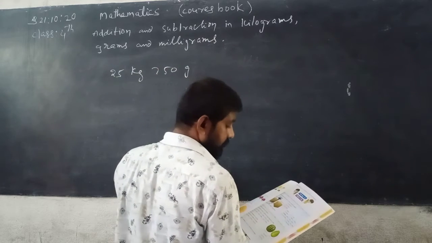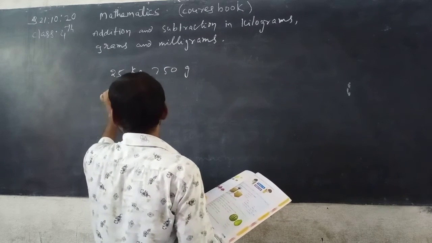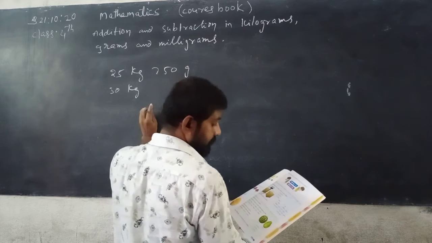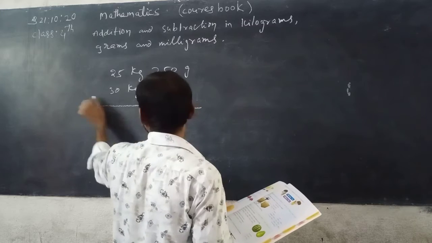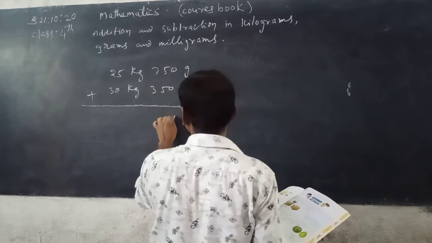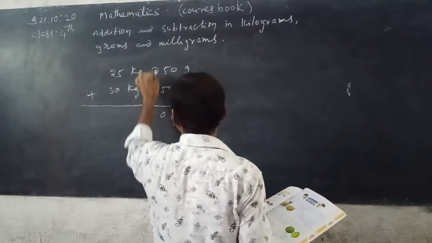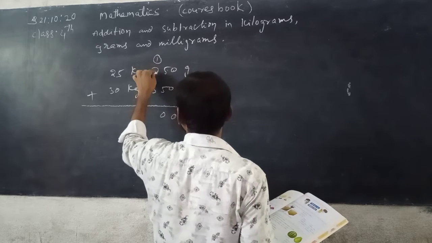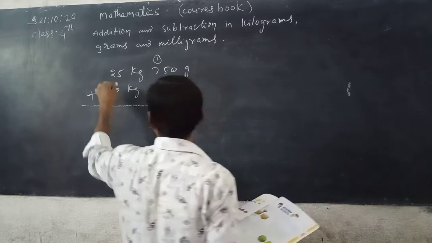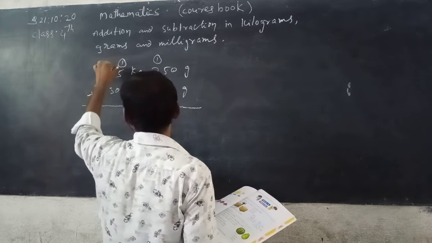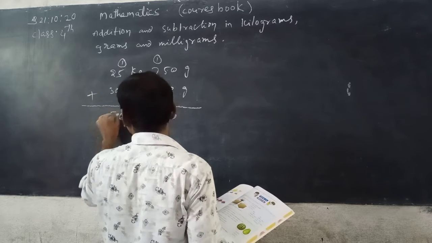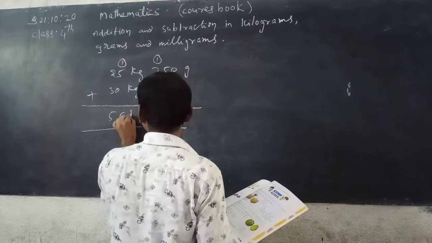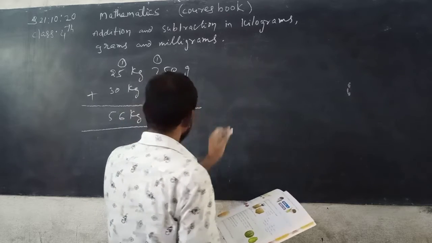We add: 0 plus 0, 0, 5 plus 5, 10, 0 taking 1 carrying, 1 plus 7, 8, 8 plus 3, 11, 1 taking, 1 carrying, 1 plus 5, 6, 2 plus 3, 5. See here, 56 kg 100 grams.